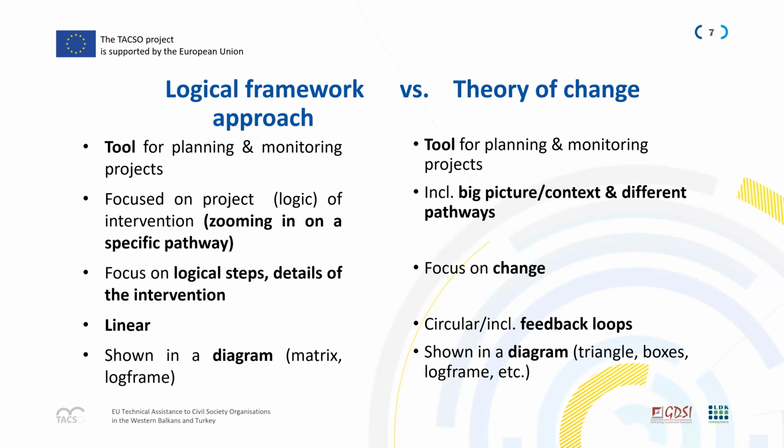So now we have an addition to our current tool for planning and monitoring, which instead of focusing only on logical steps and details of intervention is focusing on change. It's not only linear, but actually circular, including feedback loops.